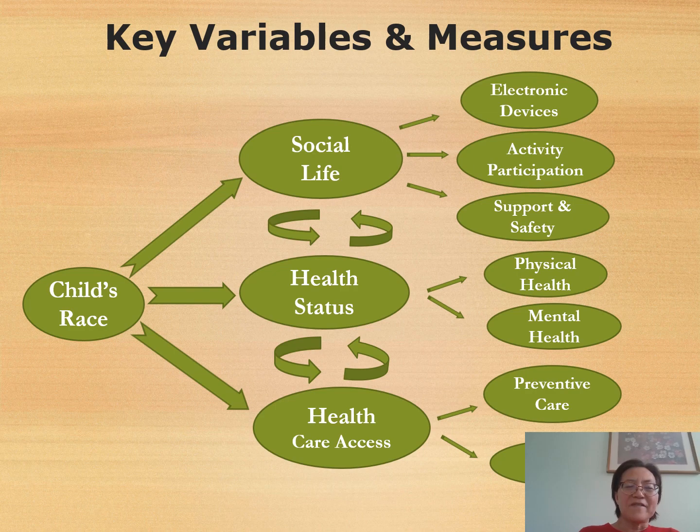Children's social life is measured by their electronic devices application in daily life, the activity participation, the support and safety in their neighborhood. Children's health was measured by both their physical health and their mental well-being. Their health care access was measured by their preventive care access and their needed health care access.